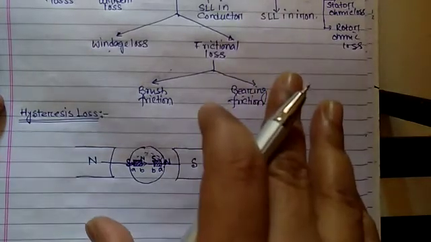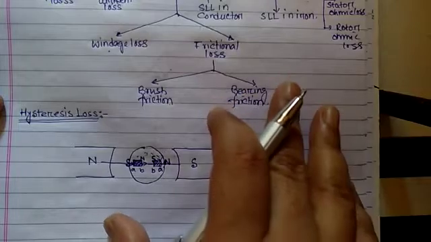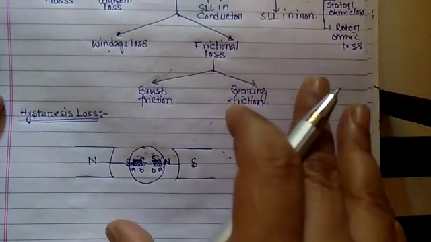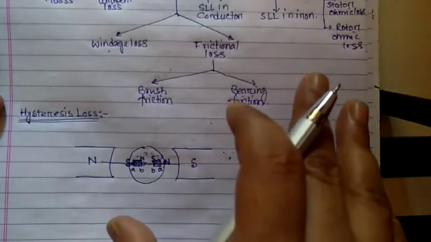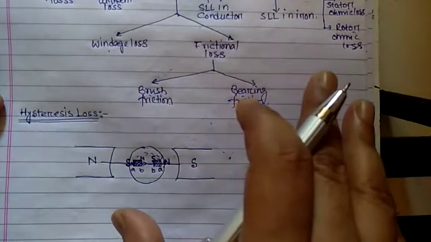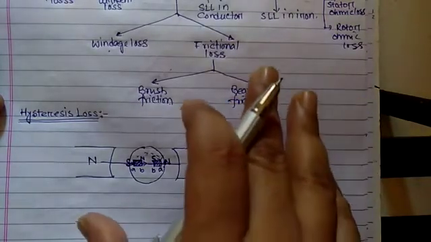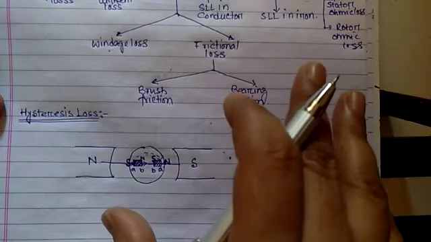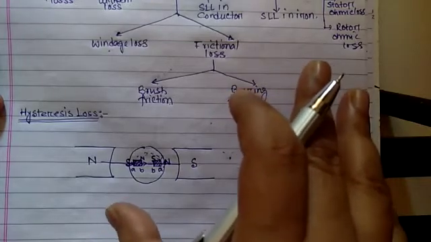This requirement of power that helps to reverse the magnetic property is nothing but hysteresis loss.